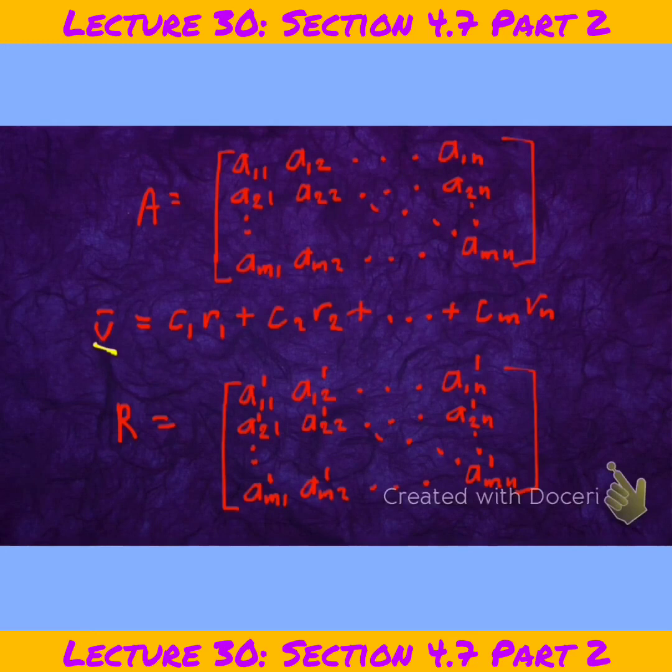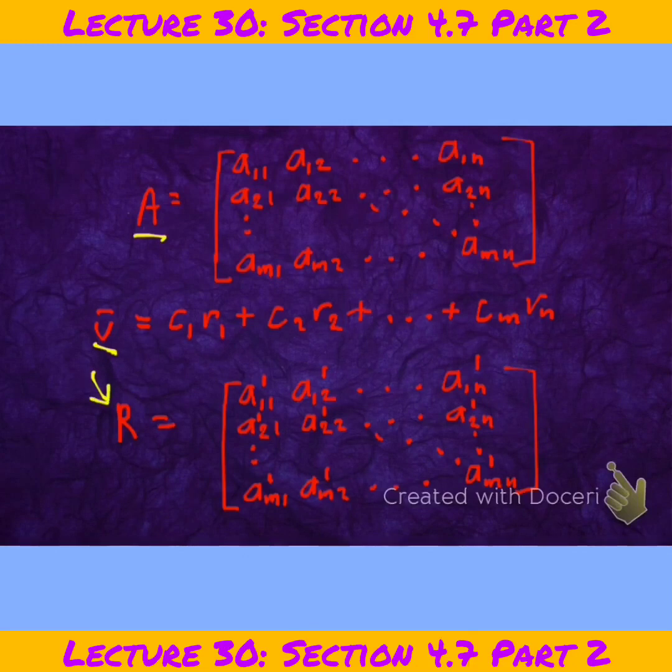So for every matrix that I get from A by applying a row reduction or multiple row reductions, V is still going to be in the row space of that new matrix. Right, so V is going to be in the row space of R.